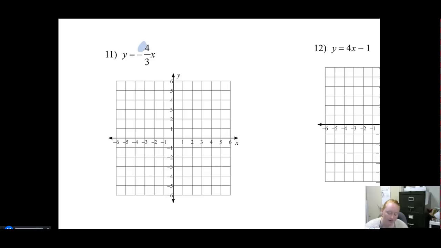Here I have a negative slope. This is going to cause my graph to move downwards. I have no y-intercept here. This is not a time to freak out. If I have no y-intercept, it relates to that number 0.